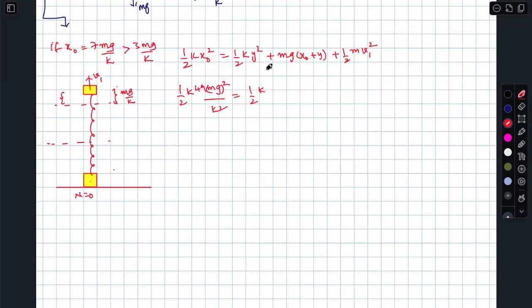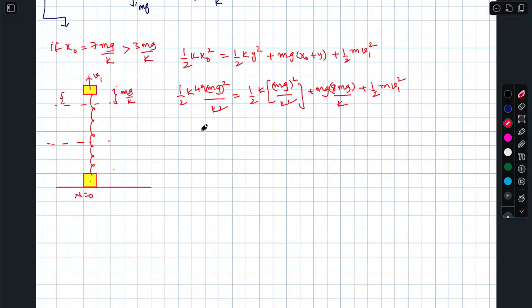Half k y square is half mg square by k square times k. Plus, x naught plus y is 7 mg by k plus mg by k, 8 mg by k, plus half m v1 square.